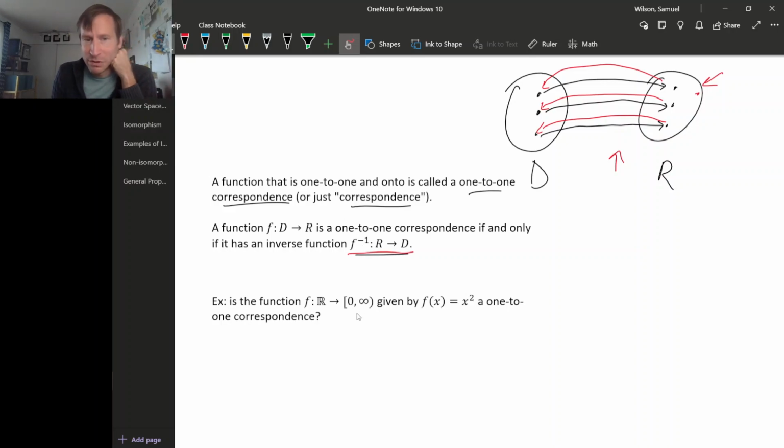So, for example, is this function from the real numbers to 0 to infinity given by this formula a one-to-one correspondence? Well, no, because it's not one-to-one, right? We've seen that already. Now you might think, well, wait a second, doesn't this have an inverse function, the square root function?